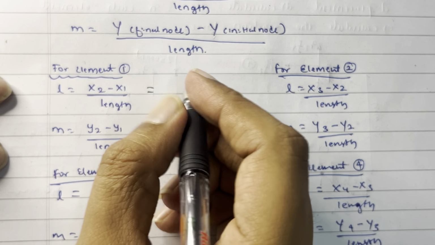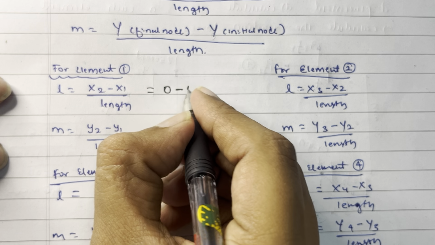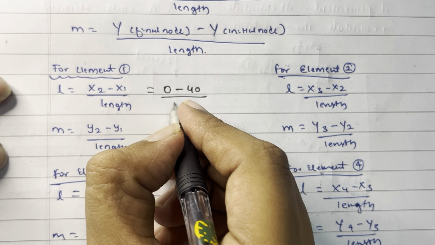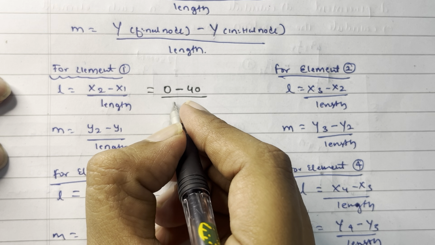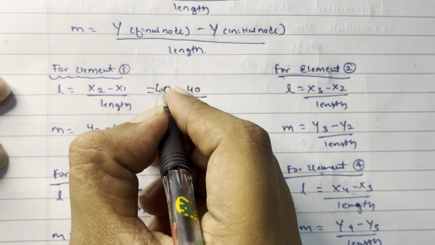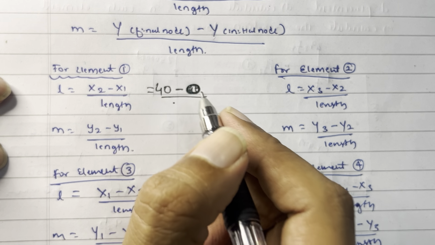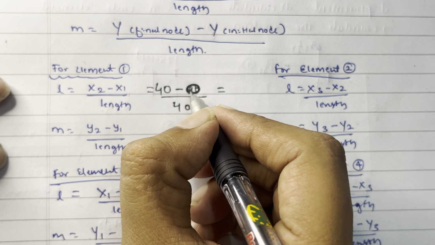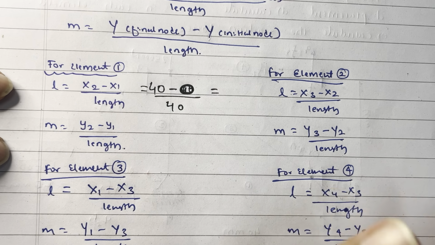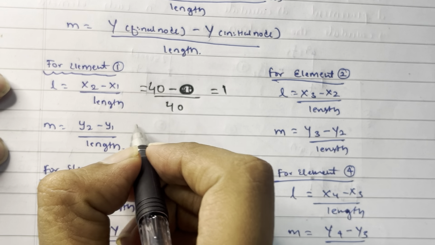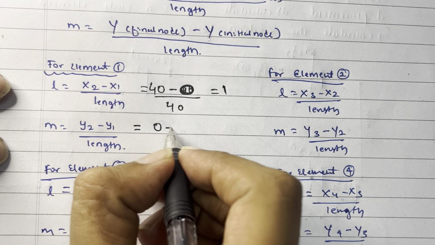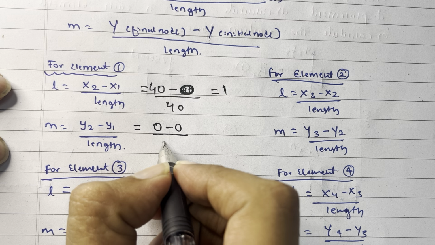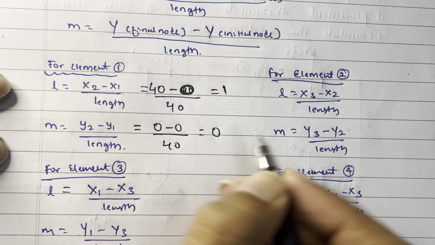For L, x2 is 40, x1 is 0 and length is 40 for element 1. After solving, 40 minus 0 is 40, 40 by 40, we'll get 1. Similarly here, y2 is 0, y1 is 0, length is 40, 0 by anything is 0.